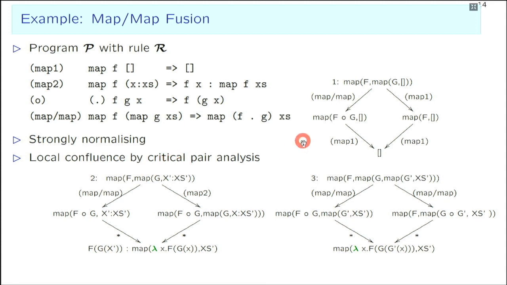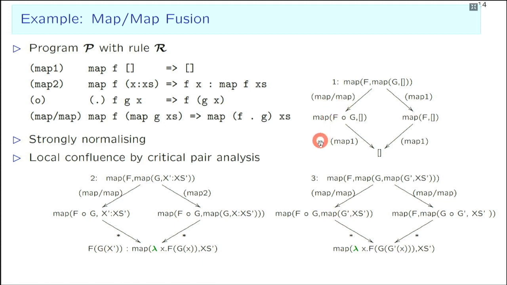So for example, in this case, this shows that there is a situation where the map fusion rule and the first map rule overlap, because this xs may be nil. Then this part can be rewritten by the first rule, but we can also apply the map fusion, but both become nil by the first rule.